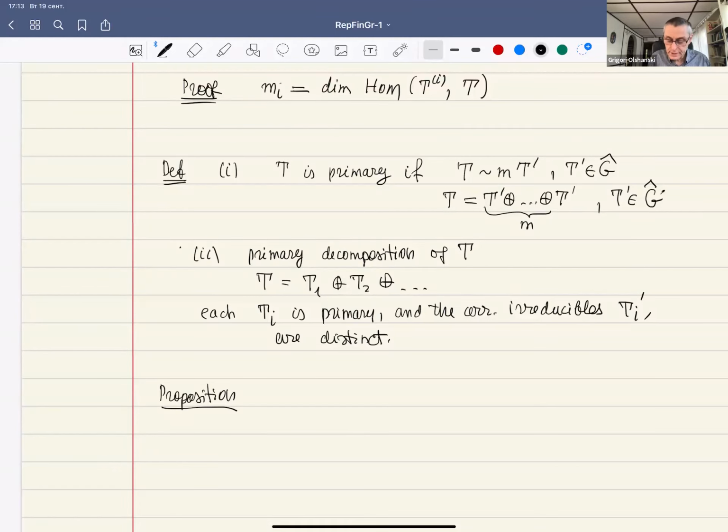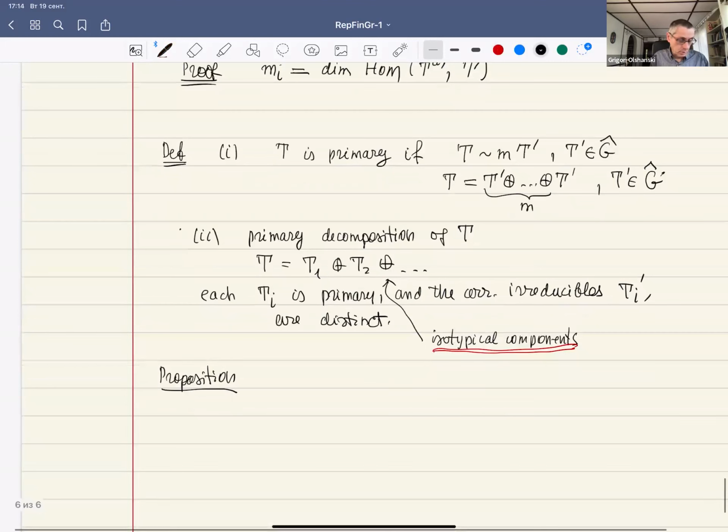Also, these components are often called isotypic components. The proposition is as follows.